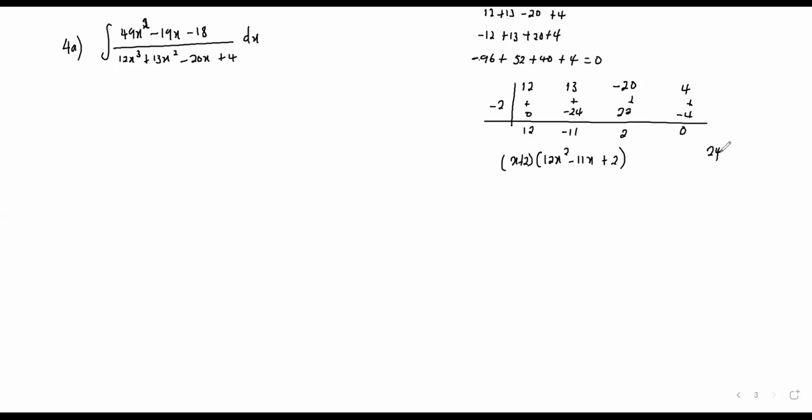I think 8 and 3. So I'm going to write this as 12x squared minus 3x minus 8x plus 2, so that we get 3x, then we have 4x minus 1 minus 2, then we have 4x minus 1.